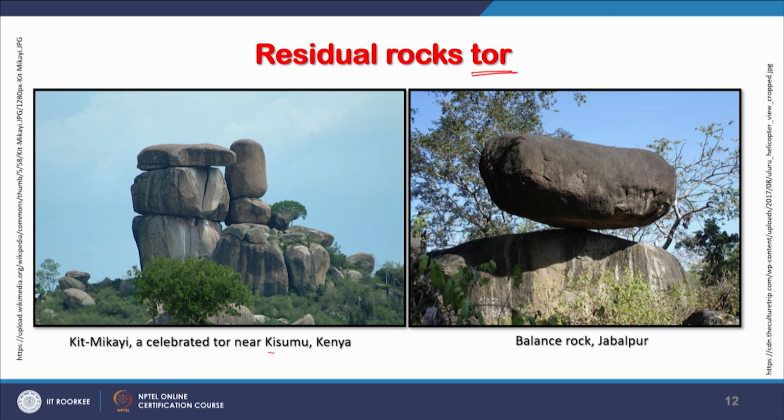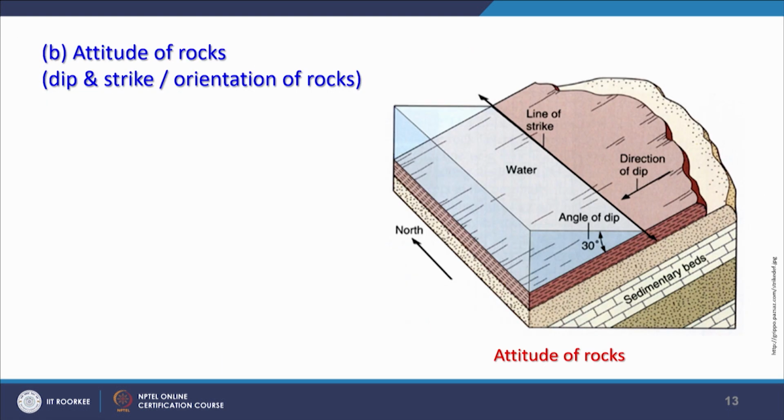This is Kisumu, Kenya, and this is the very famous balance rock of Jabalpur. The remaining rock has got weathered except this special part, because it has more resistance to weathering.